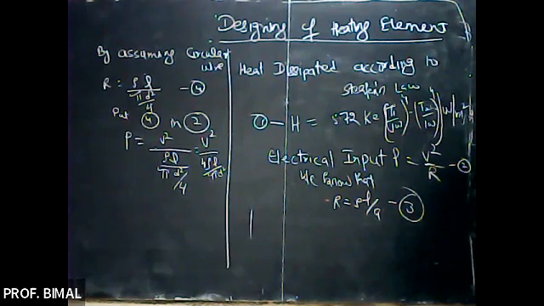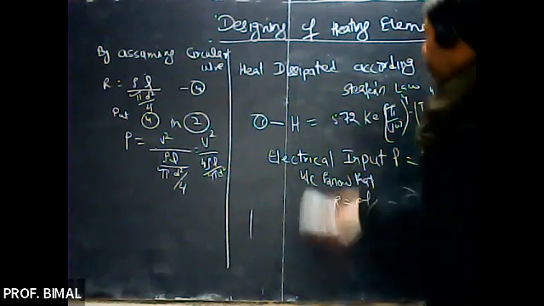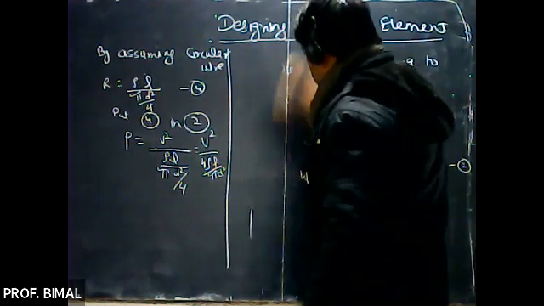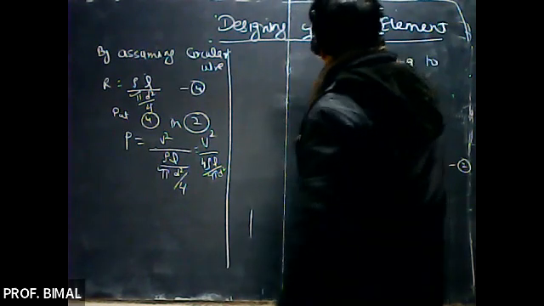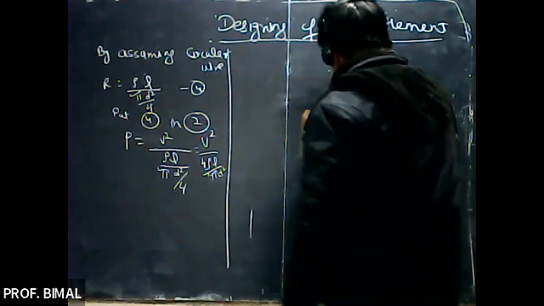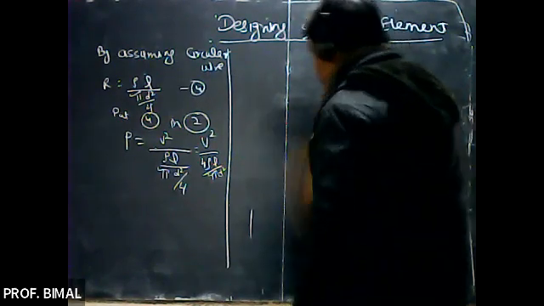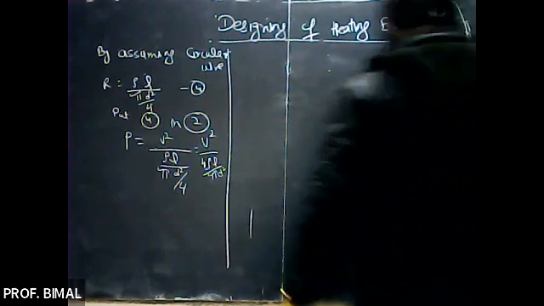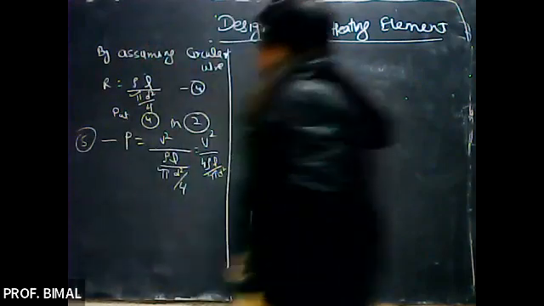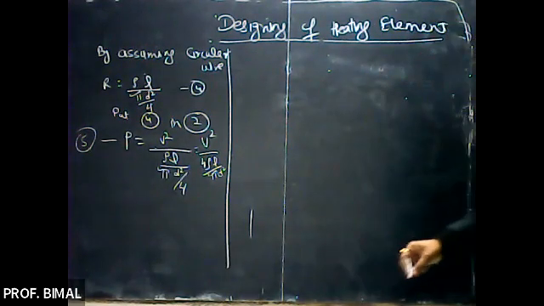Now from this equation you may calculate the value of L over d square. From this last equation, let us say this is your equation number 5. From this equation 5, calculate the value of L over d square.